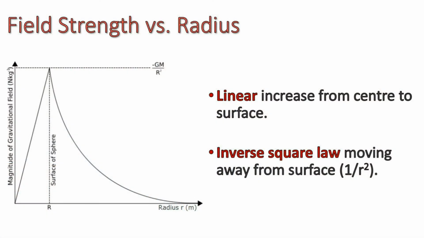This is where I can answer the question people ask: what happens to gravitational field strength inside the Earth? What happens as I go towards the centre of mass? This handy little graph, which you need to learn, shows how g varies with radius from 0 to the radius of the Earth and then beyond.